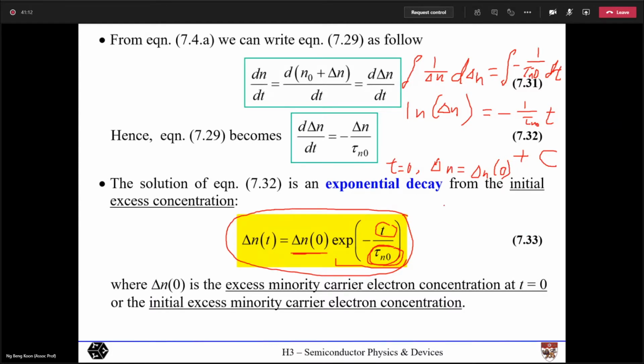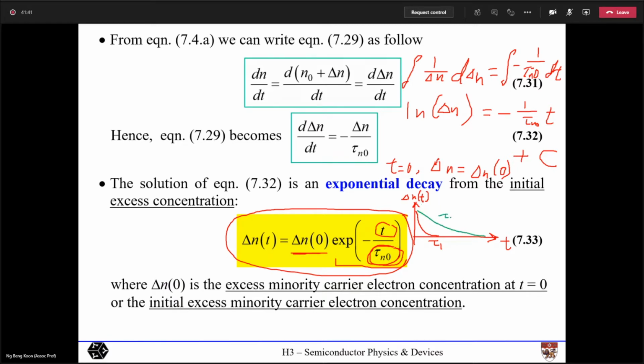We will try and draw the delta N profile as a function of time. Obviously if your tau is large, then this will go down very quickly. So let's say this is tau 1, versus another case where your tau is smaller, then it will take a longer time for it to decrease to 0.